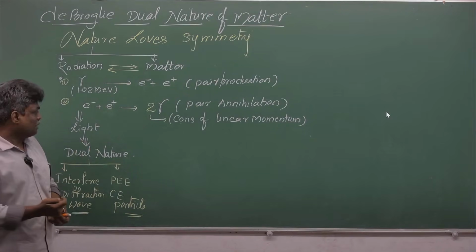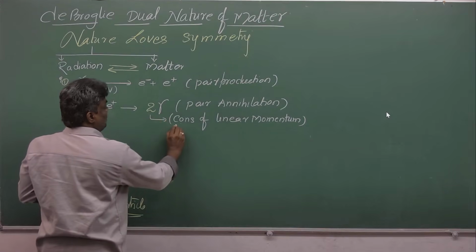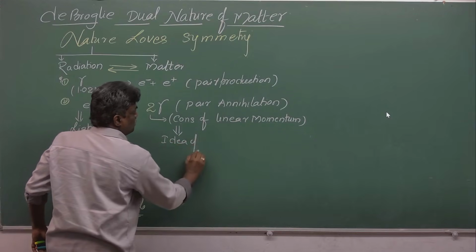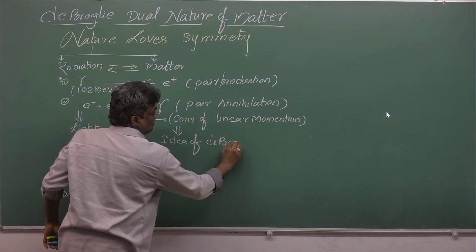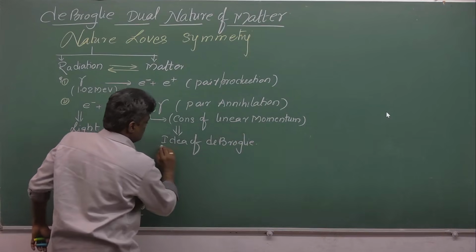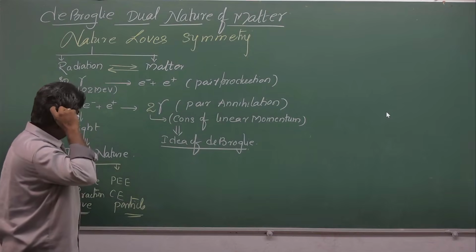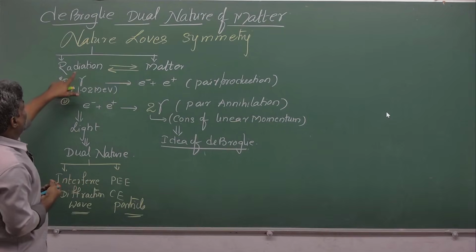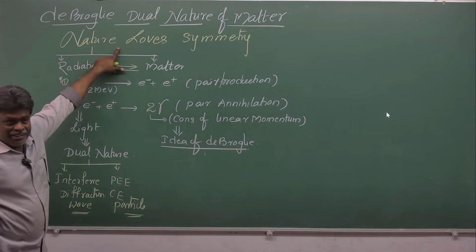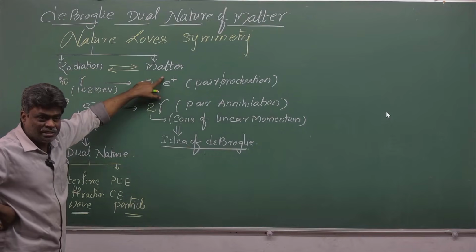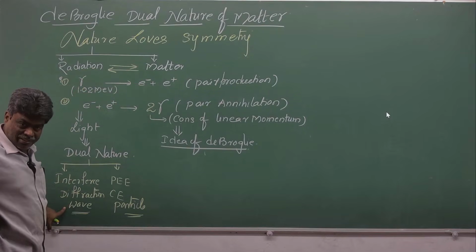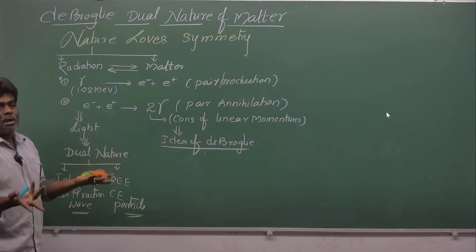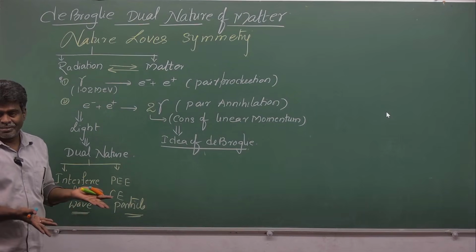Clear? That's it. And what idea did de Broglie get? I don't want to just say a simple statement. De Broglie's idea: I think now you got it. Nature loves symmetry. Nature contains only these two things. Radiation already has dual nature, then matter also should have dual nature. Why?